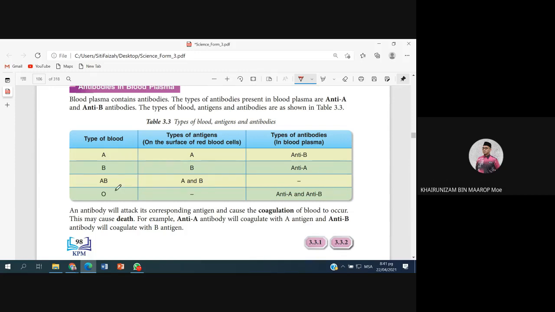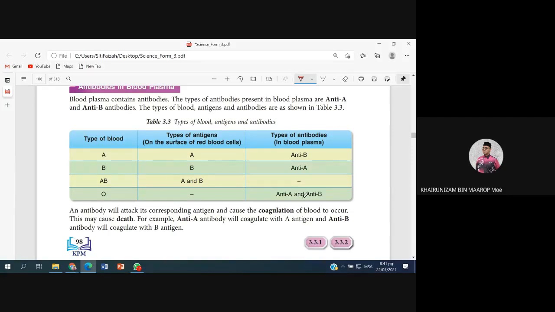But for O group blood, it doesn't have antigen at all, but it has both antibodies, anti-A and anti-B.